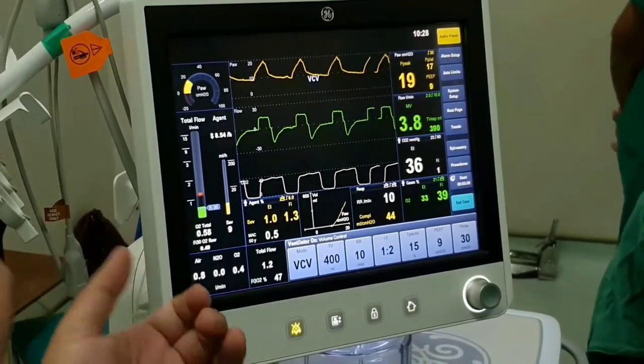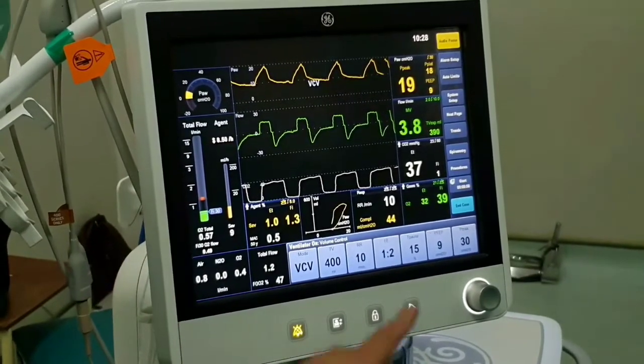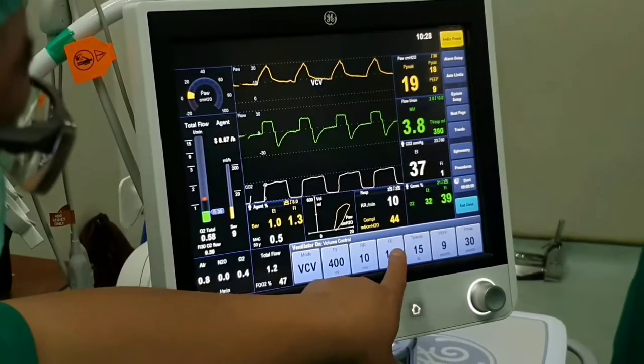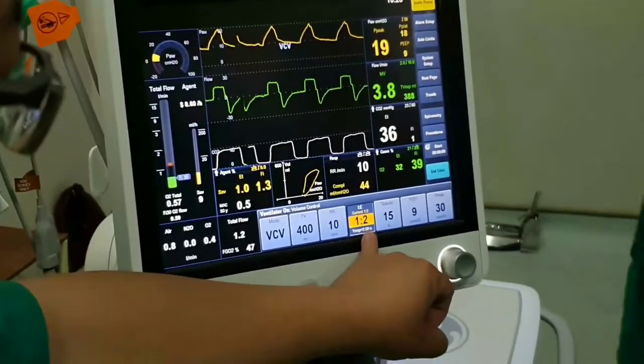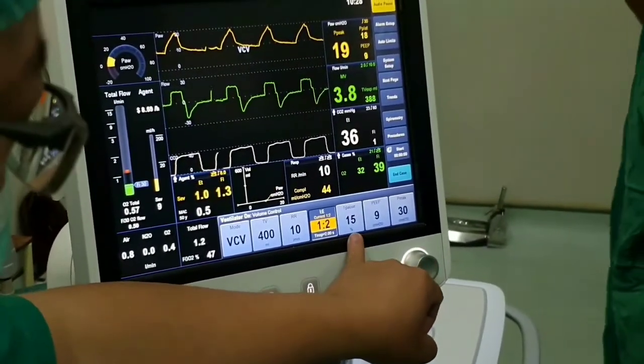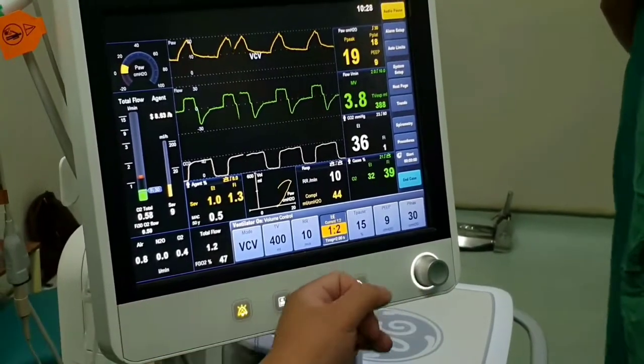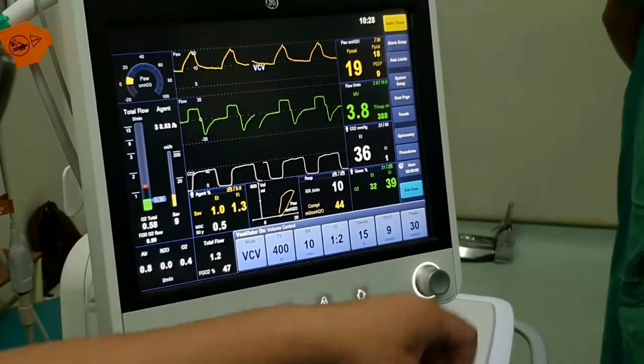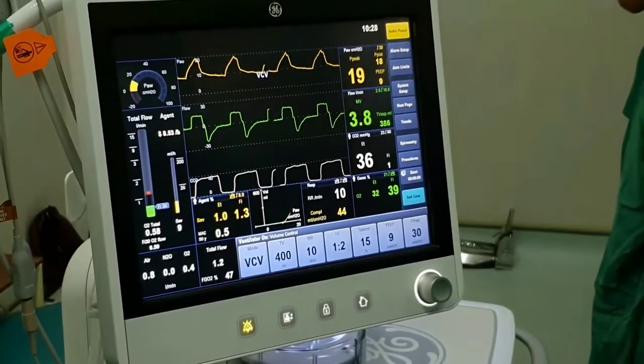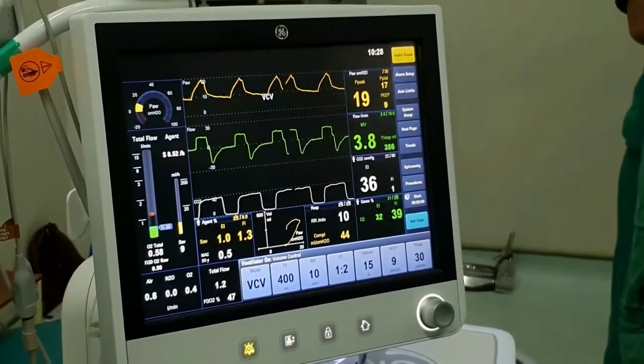So you need at least 0.2 seconds. You can do that by looking at the inspiratory time, which is 2 seconds. 15% of 2 seconds is 0.3. So that's enough time for the gas release.